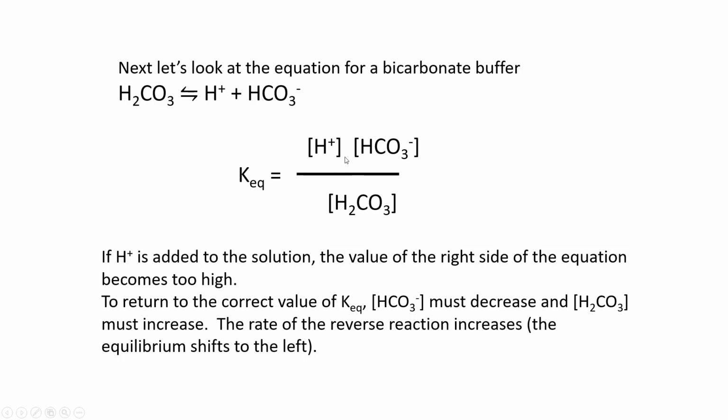So it's going to be a similar situation. If we add hydrogen ion to the solution, the value on the right side of the equation becomes too high. So to return to the correct value of KEQ, the bicarbonate concentration must decrease and the carbonic acid concentration must increase. And that also makes sense based on looking at the equation this way too.